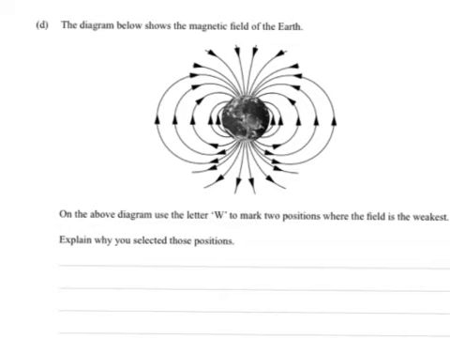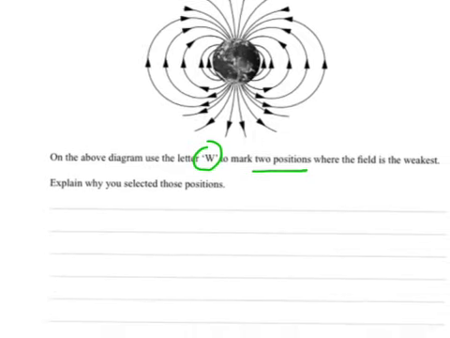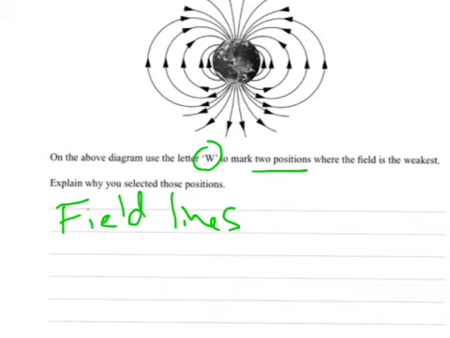This question is asking, we've got the diagram below showing the magnetic field of the Earth. And you can see the magnetic field lines there. On the diagram above, use the letter W to mark two positions where this field is the weakest, and explain why you selected those positions. Well, we know that the field lines show the strength.